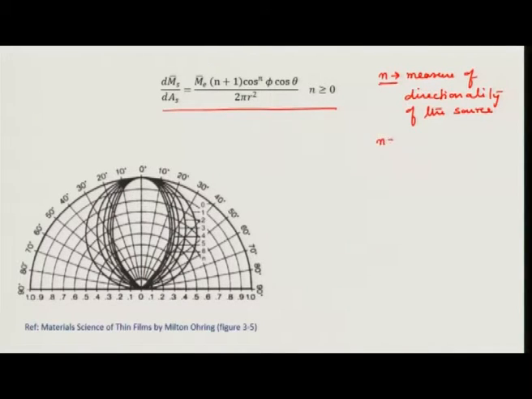So, n is equal to 0 for point source and n is equal to 1 for surface source, and n can be very high: 5, 6, 8 or 10.